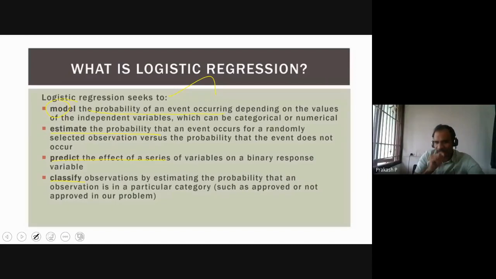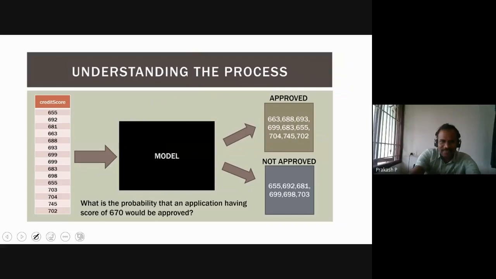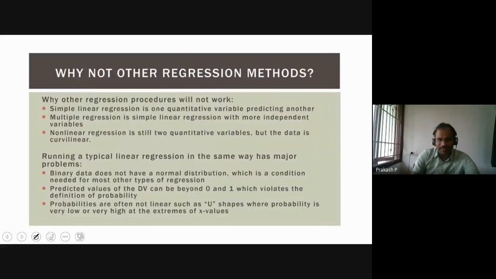So we need a model which will give the probability of the event occurring. We are going to give a credit score, and the black box is going to give approved or not approved. We'll see what is happening inside this model.